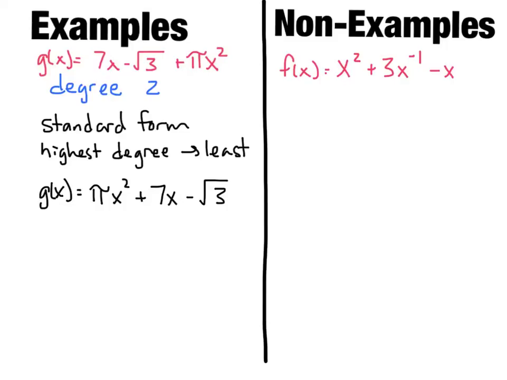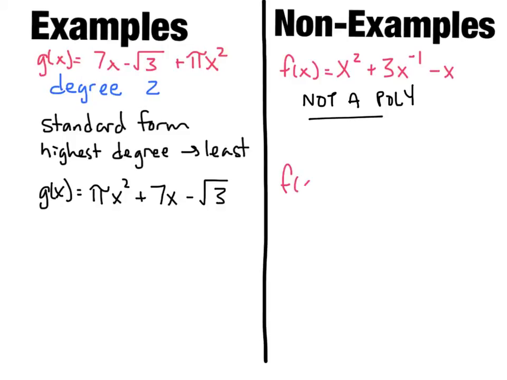This is not a polynomial, because the term 3x to the negative 1 has an exponent that is not a whole number. These have to be positive whole numbers. So this is not a polynomial. I mean, we already know that, though, because it's in the non-example section.